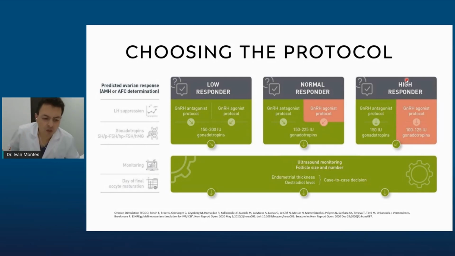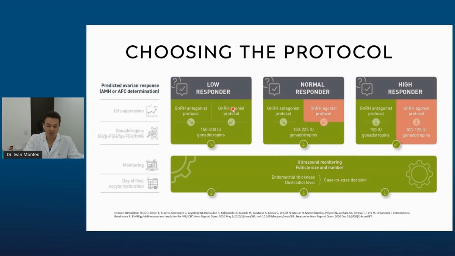I'm going to use this guidance that was done also by ESHRE, where they classified patients as low responders, normal responders, or high responders. And when choosing the protocol, the first thing is that you have an advantage: you can choose between an antagonist protocol or a GnRH agonist protocol.